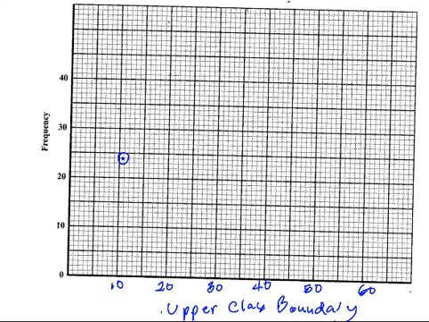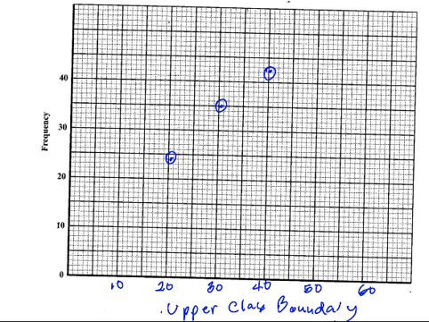Sorry, the first one is not correct, probably the wrong place. All right, so 20.5 corresponds to 24, that would put us here. 30.5 corresponds to 35, that would put us here. Then 40.5 corresponds to 42, that would put us there. 50.5 corresponds to 28. Sorry, that should be 33.